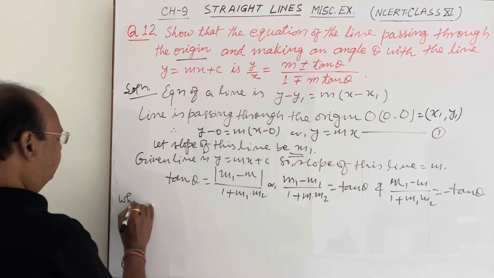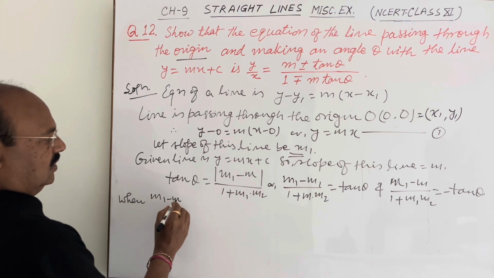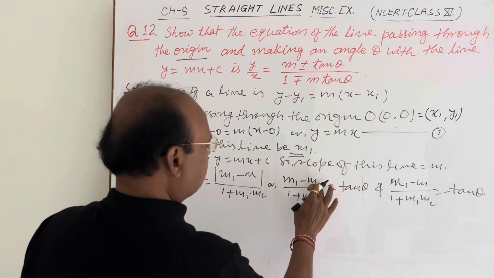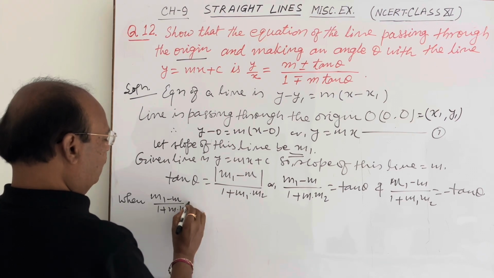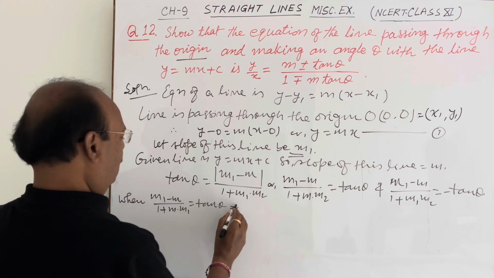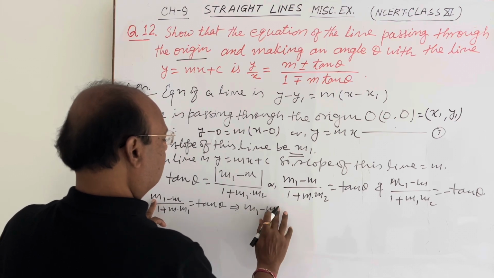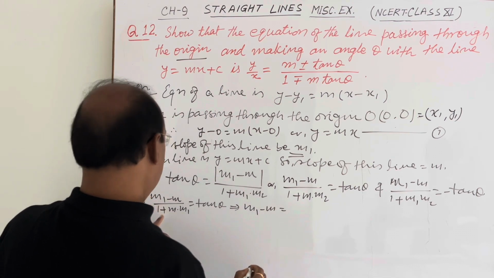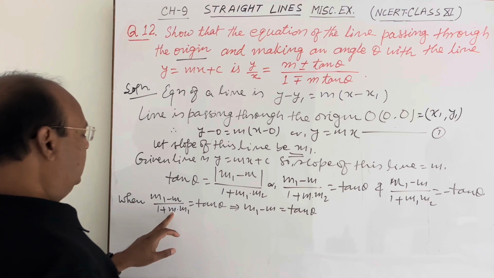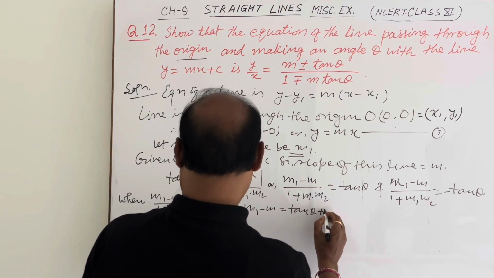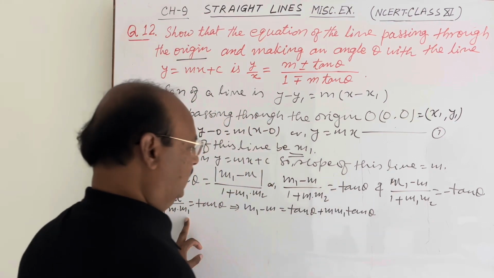So when m1 minus m upon 1 plus m into m1 is equal to tan theta, this implies by cross multiplication m1 minus m is equal to 1 into tan theta, that is tan theta, plus m1 m tan theta.